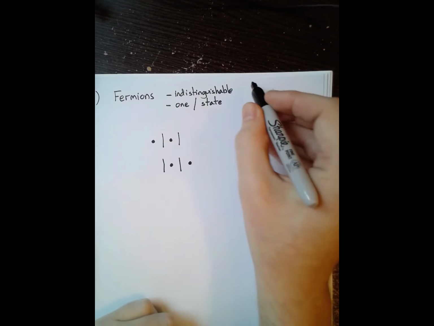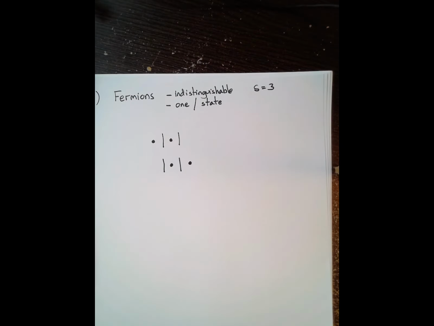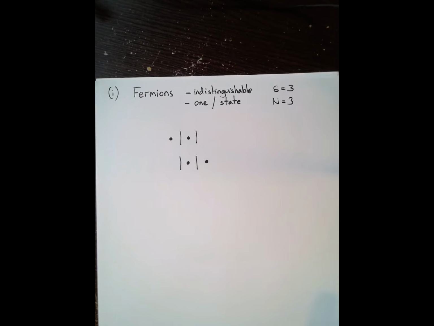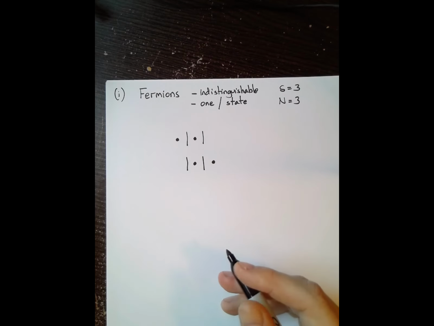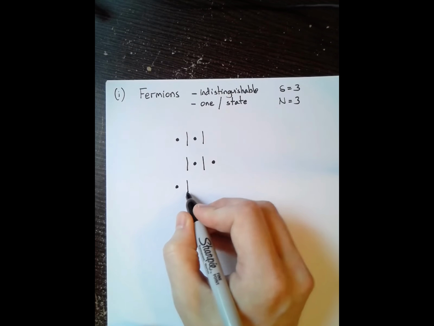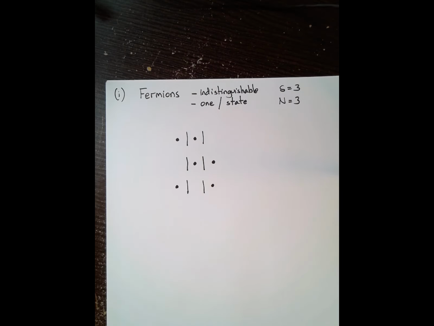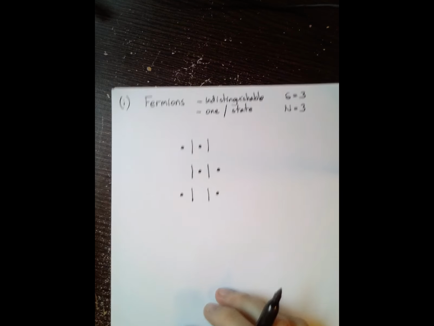So let me just remind us up here of what we're doing. And then finally, I can place one particle in state 1, none in state 2, and one particle in state 3. Okay, so I've got 3 different cases.